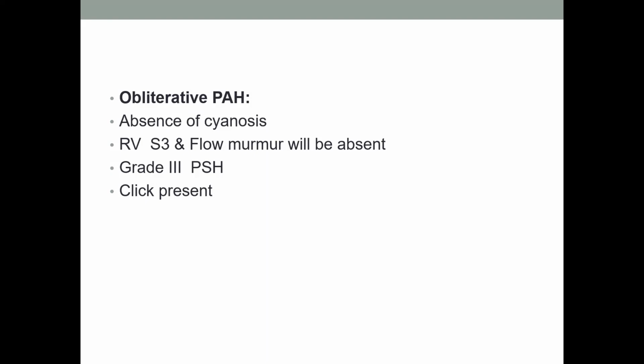That means Eisenmenger-like changes have occurred. It may or may not have fully Eisenmengerized, but the pulmonary vasculature changes have occurred, just like PPHN or primary pulmonary hypertension. So some changes occurred. The pressure is increased in the pulmonary circulation, and that has reduced the shunt. The difference here, you won't find RVS3 or MDM.